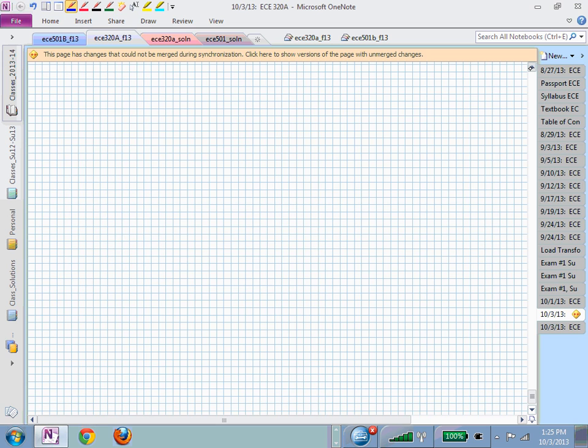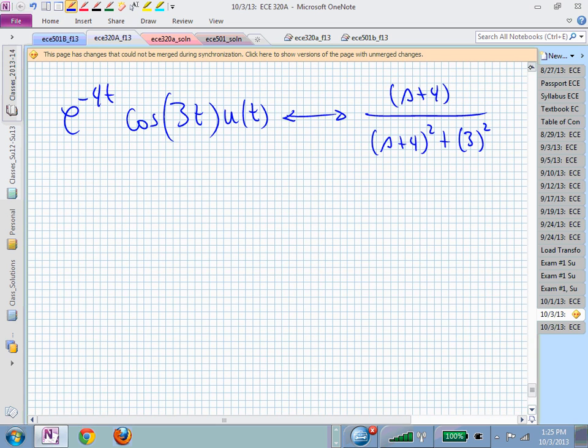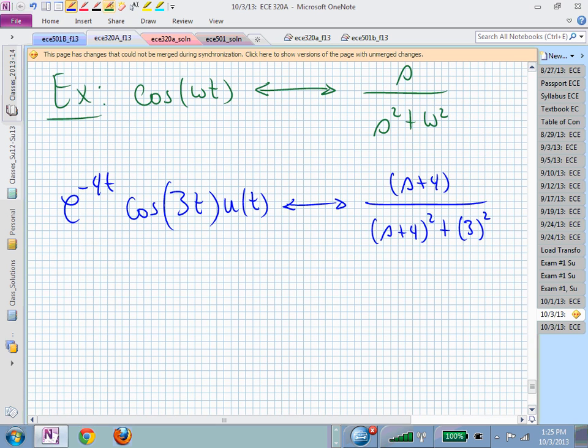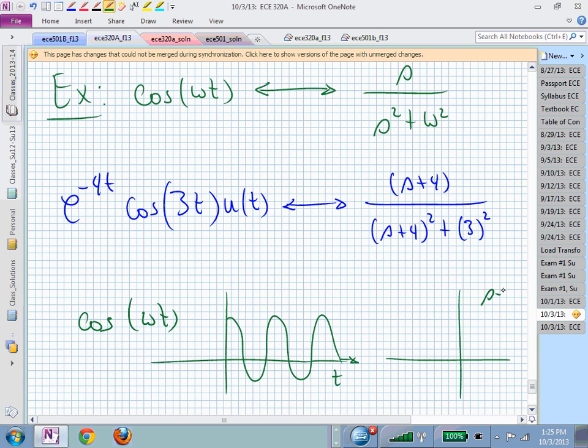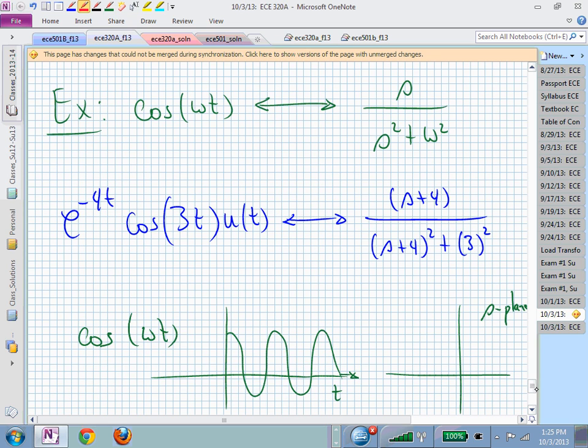If we looked at the first one, wherever it was. Suppose now we said, okay, here's cosine of omega t. That's in the time domain. And in the frequency domain, where are the poles of that transform? Where are they going to be located?